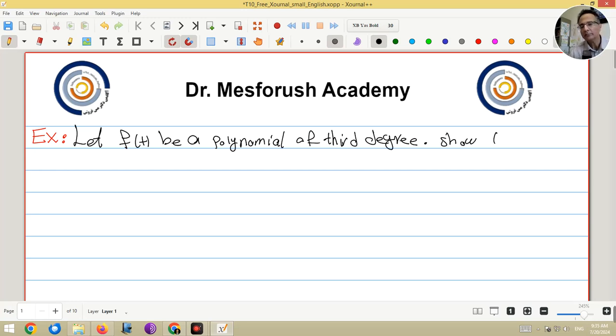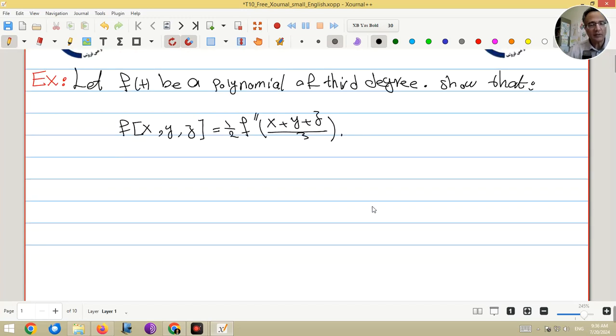Show that f of x, y, and z, in fact the divided difference, I mean f brace x, y, and z, is equal to half f double prime at x plus y plus z over 3. This is the problem. I want to show, in fact, this equality.